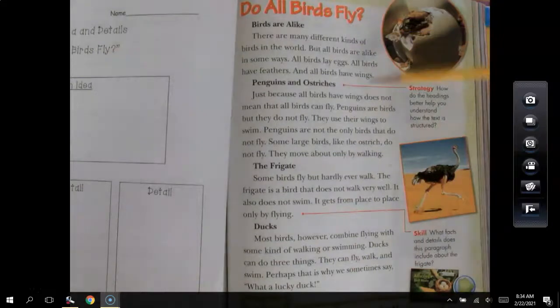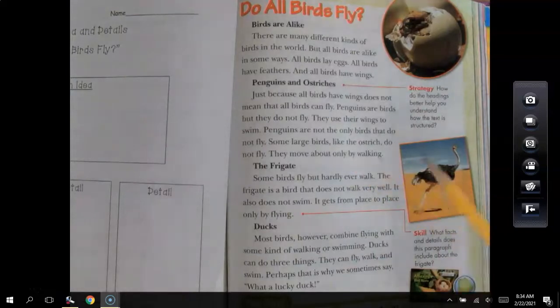We found out when we read the entire selection that there are similarities and differences between birds. Now, if you remember when we compare and contrast, we know the words similarities mean how things are the same or alike. And we know the word differences means how they are different.